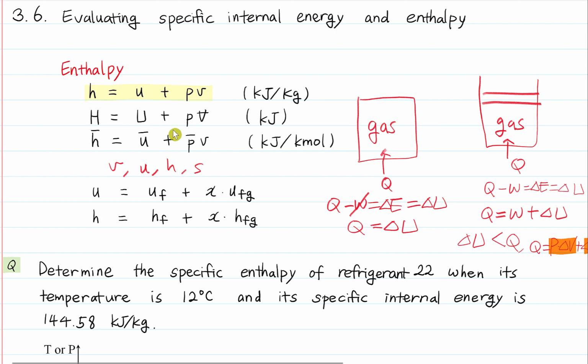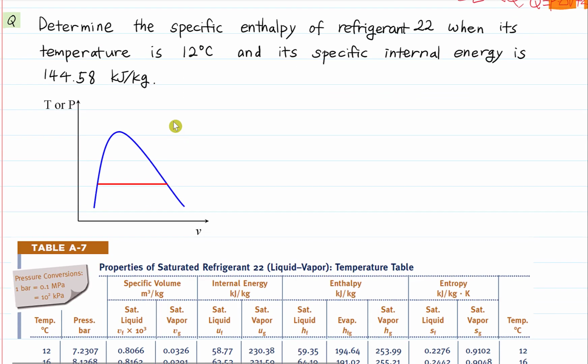Let's see an example. Determine the specific enthalpy of refrigerant 22 when its temperature is 12 degrees Celsius and its specific internal energy is 144.58 kJ per kilogram. We know the temperature and the internal energy.